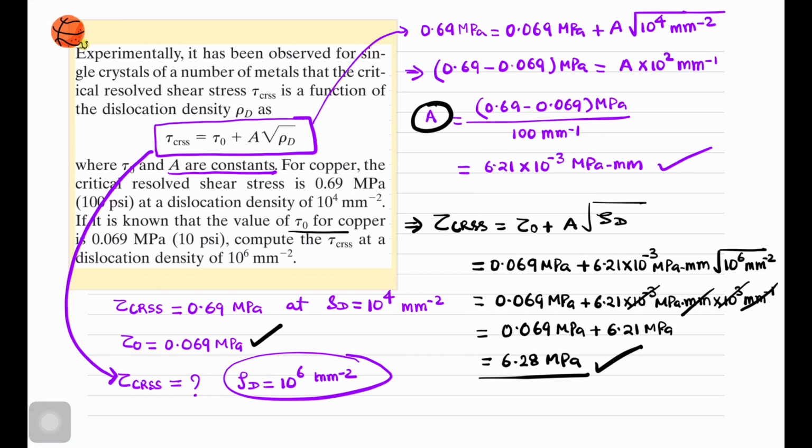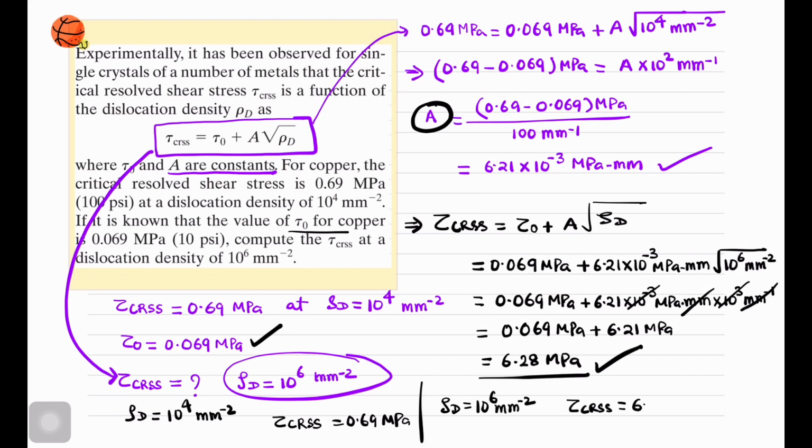So what we conclude overall: when the dislocation density was 10 to the 4 inverse mm square, the critical resolved shear stress was 0.69 megapascal, and when the dislocation density became 10 to the 6 inverse mm square, the critical resolved shear stress increased to 6.28 megapascal. So the critical resolved shear stress increases as the dislocation density increases.